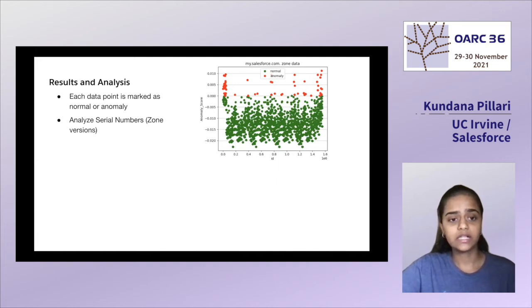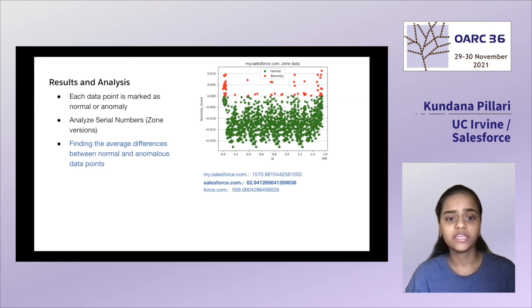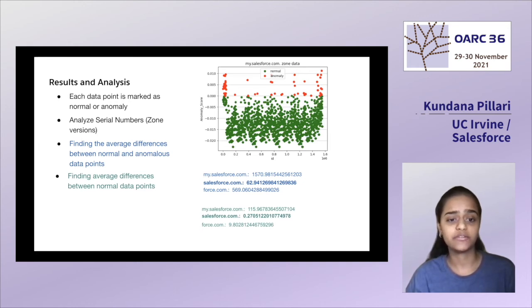Going into analysis, the idea was to look at the serial numbers or the zone versions. I found the average differences between the normal and the anomalous data points, and for comparison, I also found the average differences just between the normal data points. For example, for salesforce.com, you can see that the difference between the normal and the anomalous is around 63, but just between the normal data points is around 0.27.